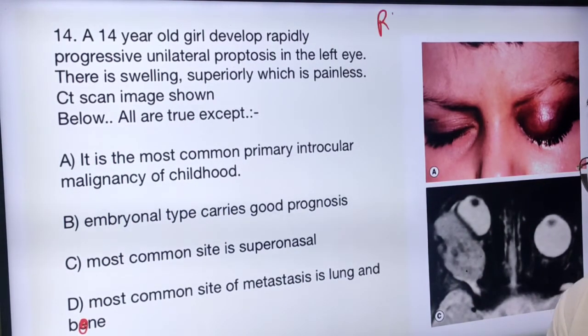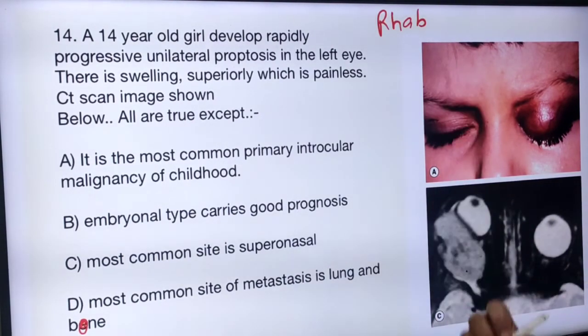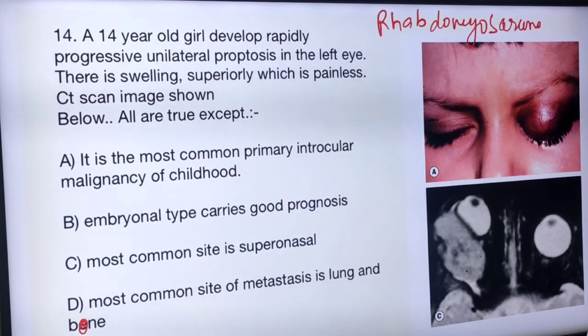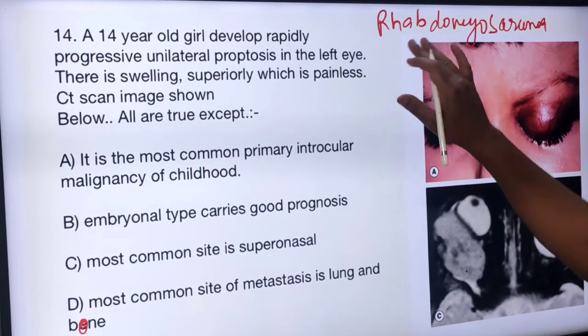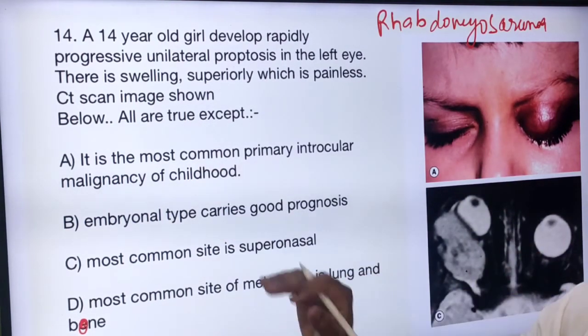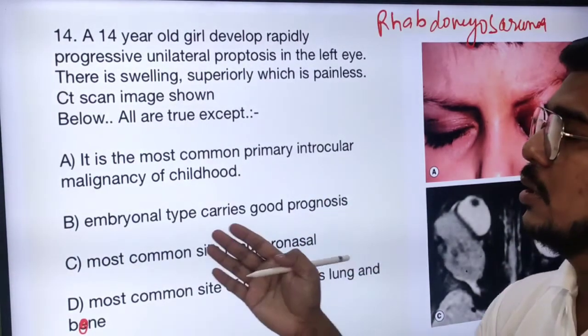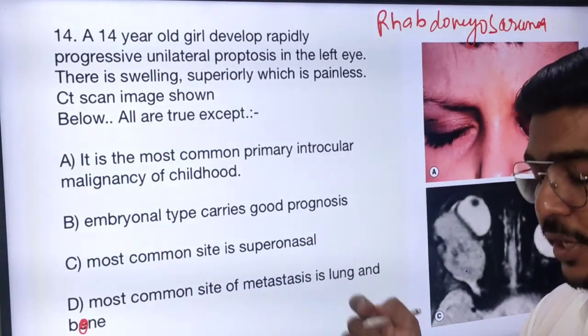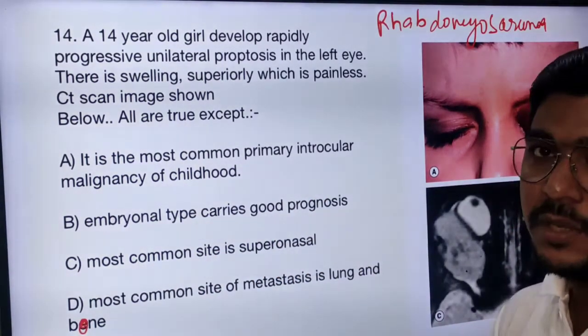It is rhabdomyosarcoma. Now the diagnosis has been made. Embryonal type carries very good prognosis. There are three types, no?